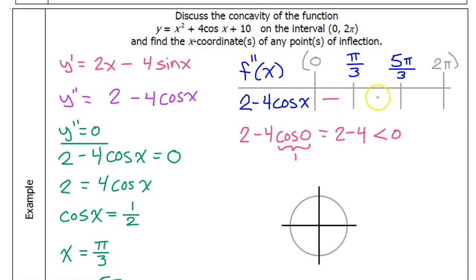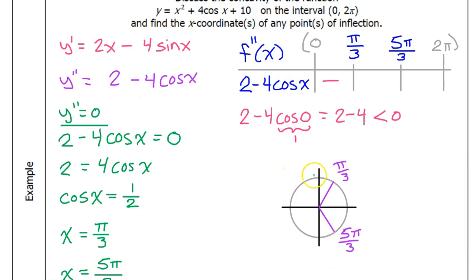Next, we need to pick a test value between pi over 3 and 5 pi over 3. That means we can use any of these values right here from pi over 3 all the way around to 5 pi over 3. So there's a lot of great ones to use, but why not use pi over 2? Because the cosine of pi over 2, the x value, is 0.